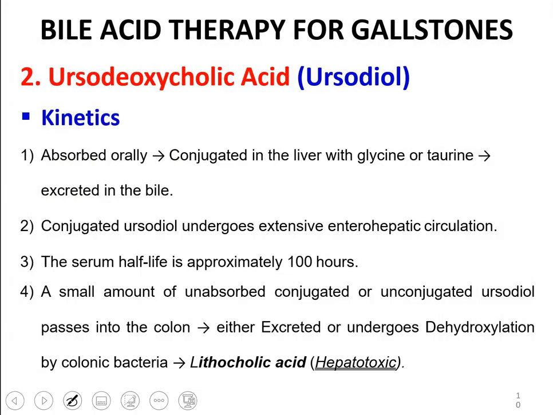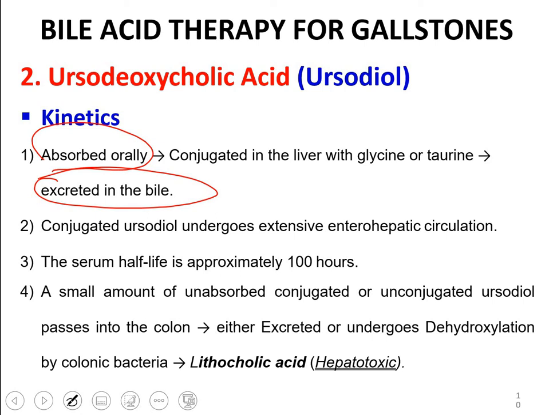Of course you can go ahead for another class of bile acid therapy, that is ursodeoxycholic acid, available in the market as ursodiol. Remember, it is absorbed orally, can be given orally, conjugated in the liver with glycine and taurine, and excreted in bile as well. Care should be taken that the enterohepatic circulation is not totally obstructed.